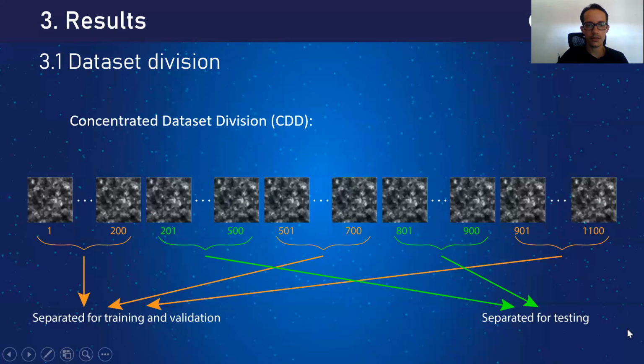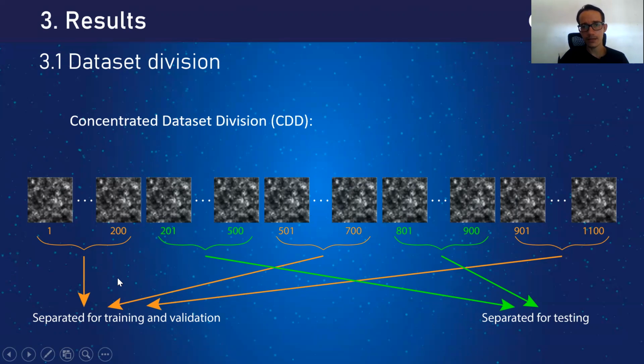In the second configuration, which is called concentrated dataset division, the first and the last 200 frames join another 200 frames of the middle of the dataset to compose a subset of 600 frames.